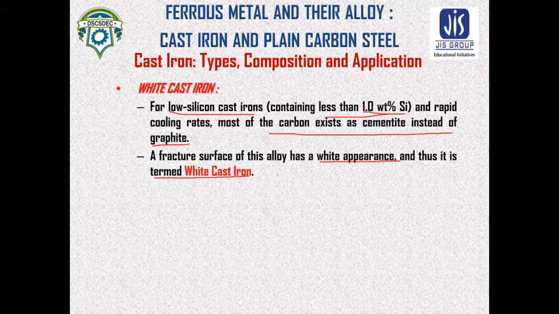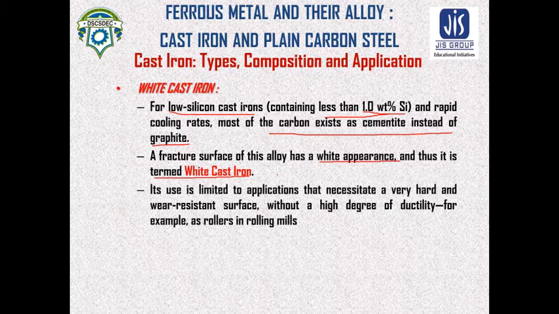Now next, what are the applications? White cast iron has very limited application. Mainly it is used where a very hard and wear resistant surface is needed without a high degree of ductility, for example, rollers in rolling mills.